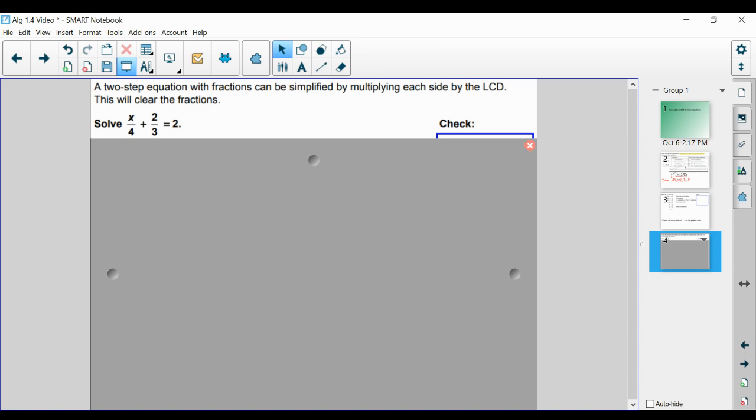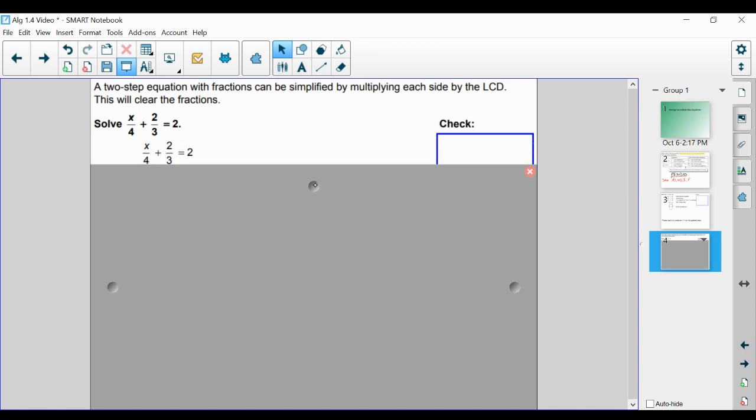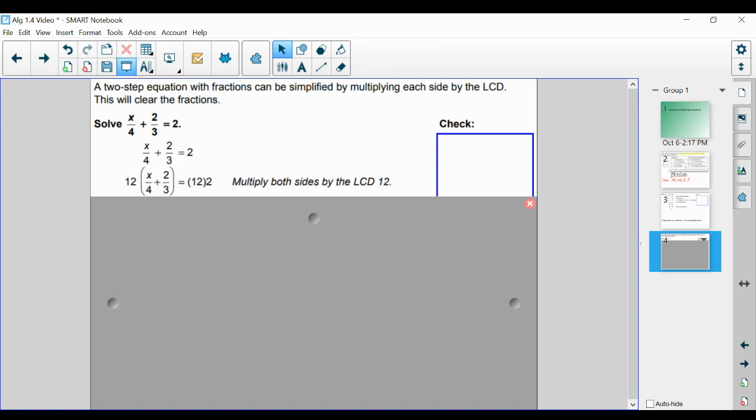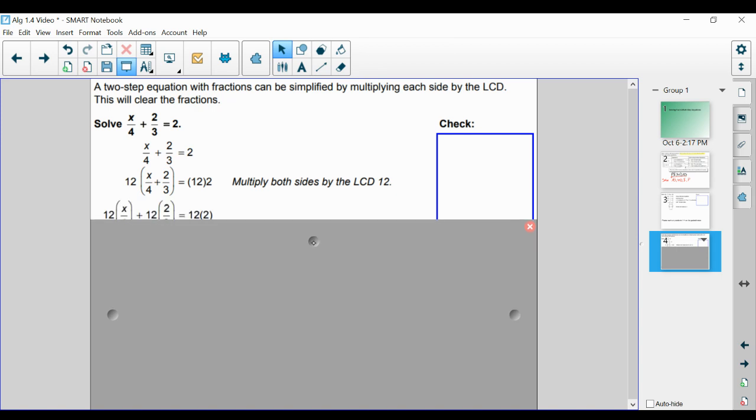We see fractions, we see, oh, it's going to be a little bit tough here, right? That's okay. We're going to break it down. We're going to figure out the lowest common multiple or the least common denominator, and we're going to multiply each term by that lowest common multiple. So the lowest common multiple is 12, or lowest common denominator is 12. So we're going to multiply each term by 12.